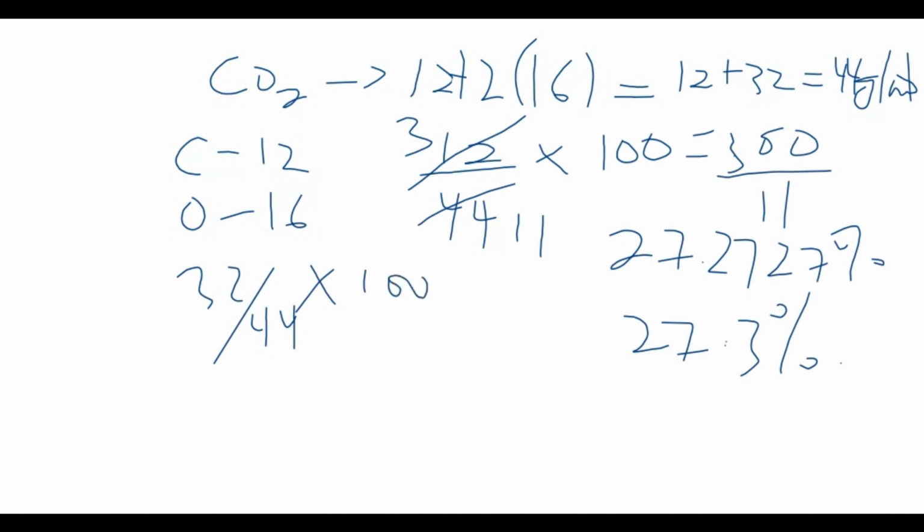Or you simply subtract this 27.3 from the 100%, and then what you'll be left with is that of oxygen. So when we do that, you realize that you have 72.7. Okay.